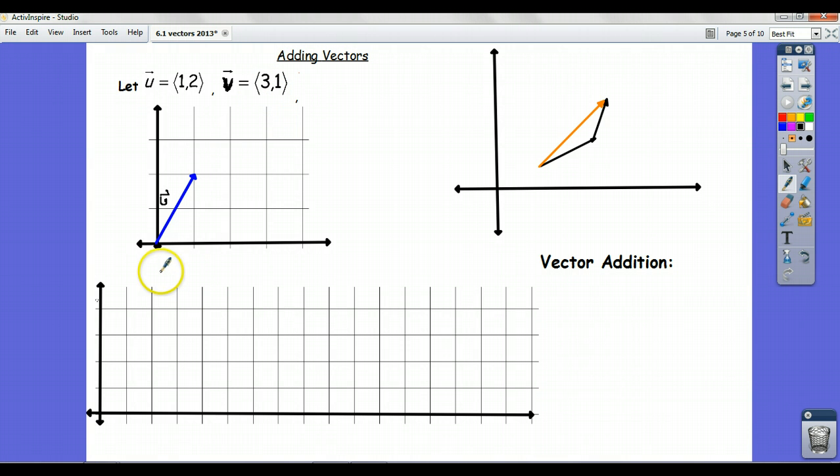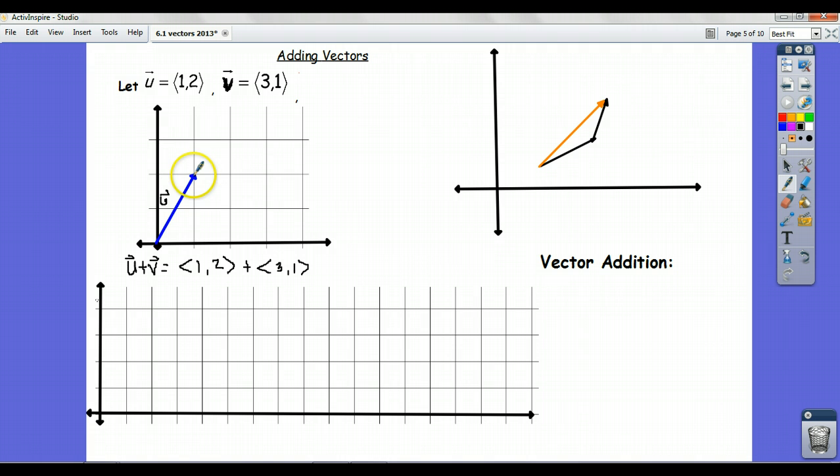So here's how I want you to view adding vectors. We're going to add u plus v, and we're going to see that the arithmetic is exactly the way we'd want it to be defined. You take a ride on vector u, and it moves you right 1 and up 2.